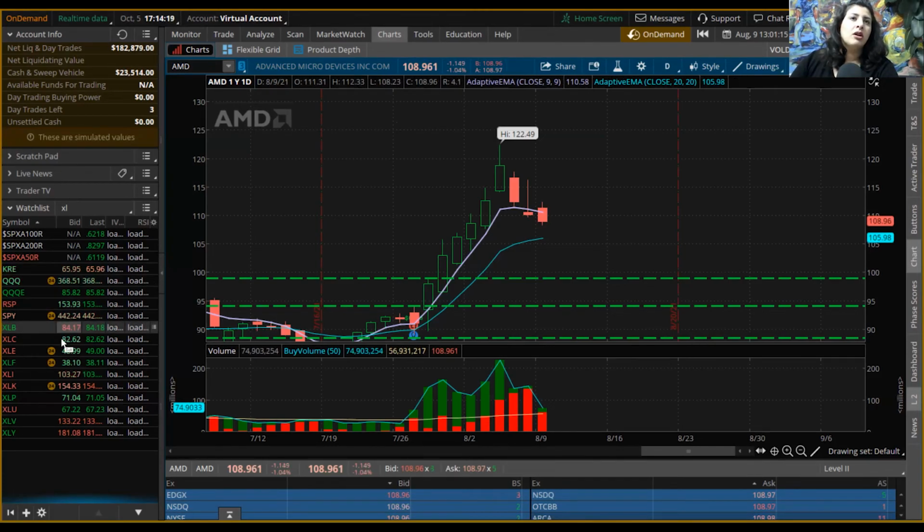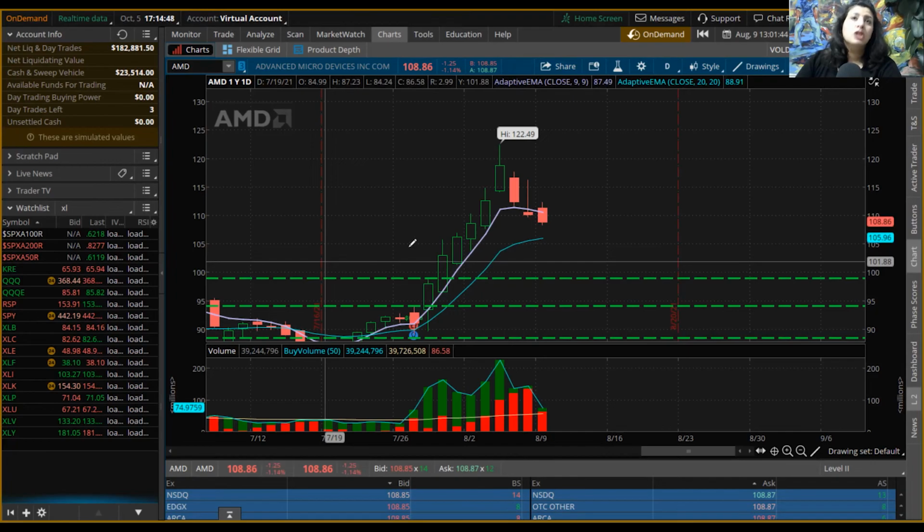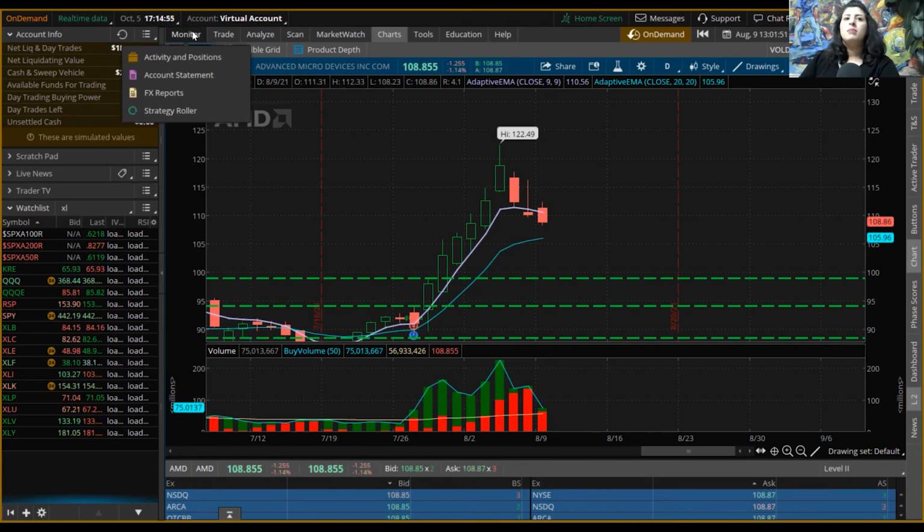So you can see over here on the side, you have your XLE, or the XLF for financials, or XLI for industrials, XLK for tech, and so on and so forth. So you can look at certain sectors that are in high seasonality and then potentially get into those. ETFs tend to have a lower cost basis, so they're easier to get into, but they don't have as big of moves. So you do need to be a bit more patient with them. You do have to give them a bit more time to make their move.